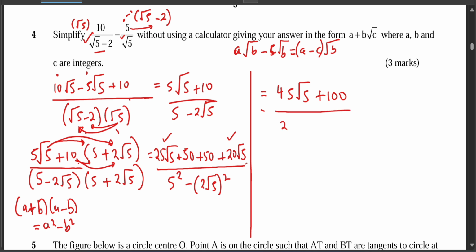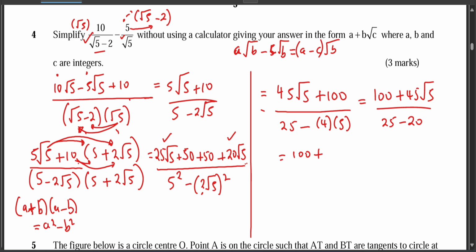So 5 squared gives you 25, minus 2 squared is 4, and root 5 squared is 5. So let me just start with 100 plus 45 root 5 over 25 minus 20, which is 5.